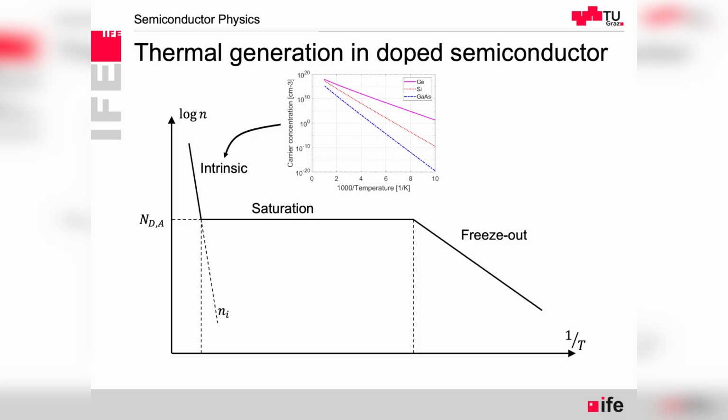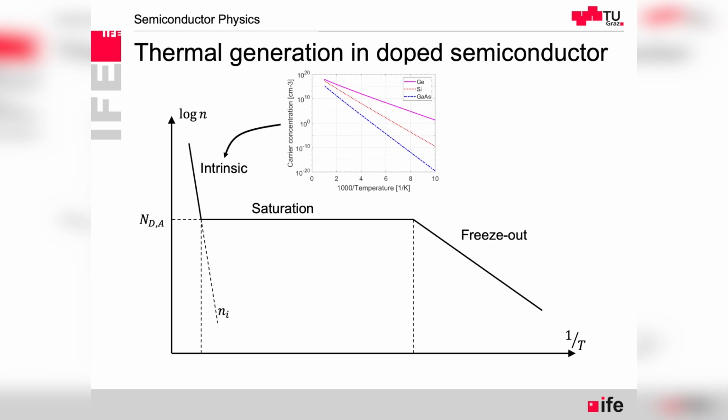Then for a long time nothing happens, and with the charge carrier concentration, nothing happens in the log scale. It's a logarithmic scale, because the intrinsic level is so much lower that no matter if we add 10 more, it will not make a difference next to 1 million, something like that.